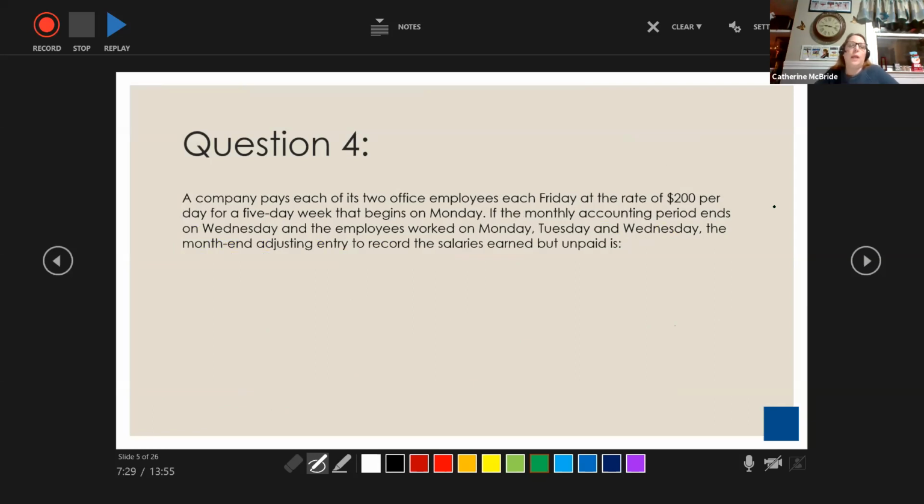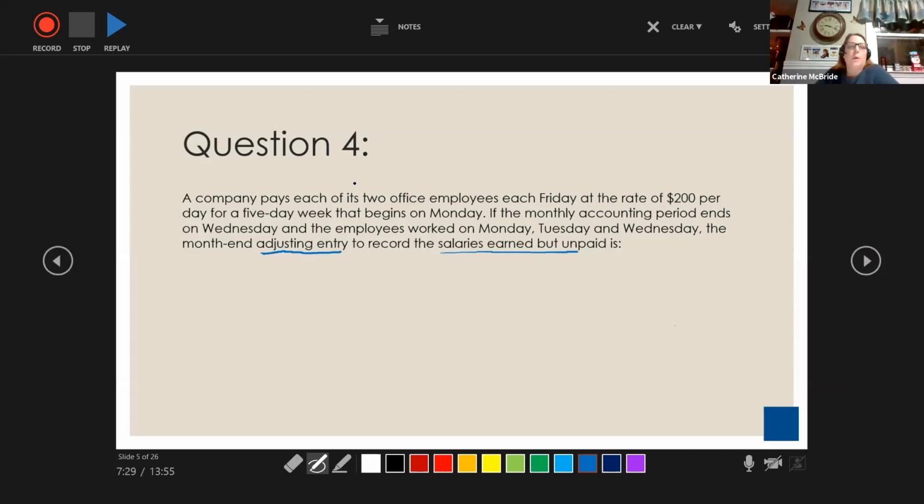Question number 4. A company pays each of its 2 office employees each Friday at the rate of $200. We want to know the month-end adjusting entry to record the salaries earned but not paid.